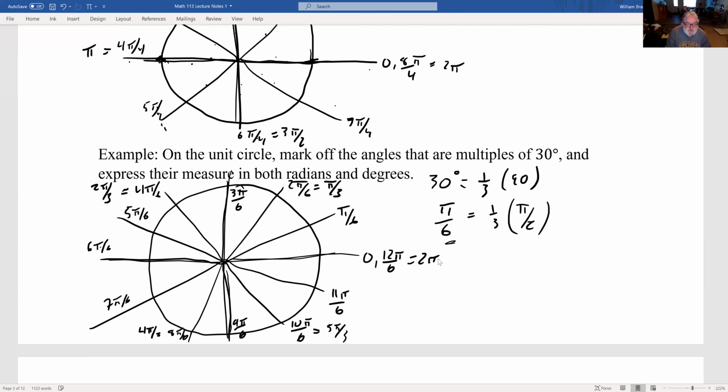So the angles that are by 6s, if you go by 2s, counting by 2s gives thirds, and 8 pi over 6, and then 10 pi over 6, counting by 3s.